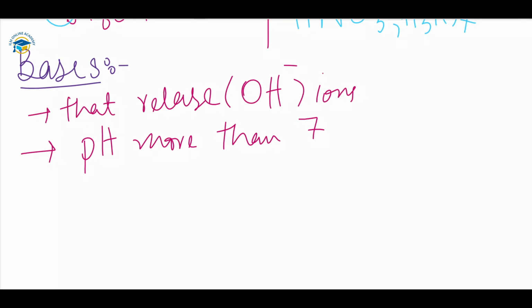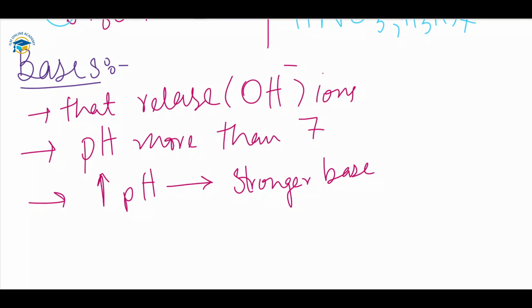The higher the pH, the stronger the base. If the pH is much higher, like 13, 14, then the base will be much stronger. And if the base is stronger, that means the concentration of hydroxide ions is much more.